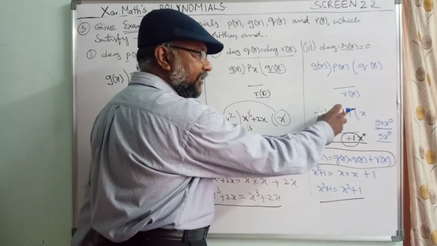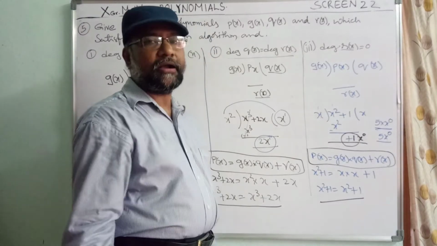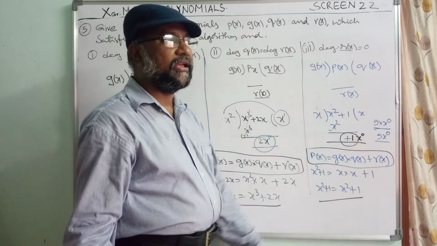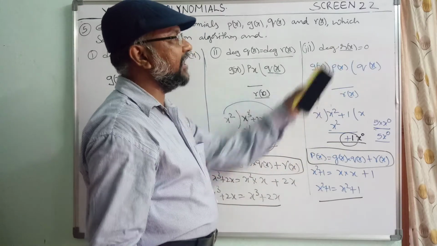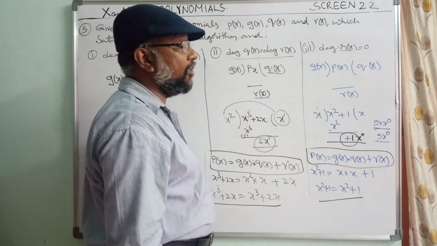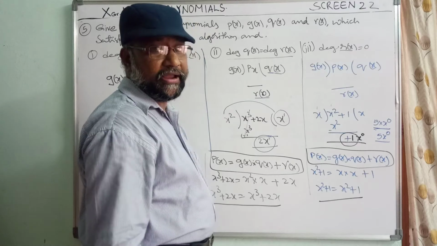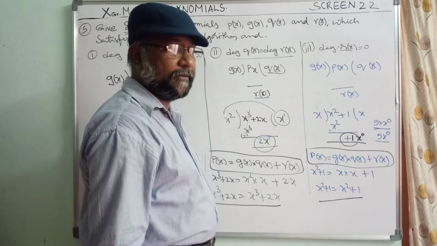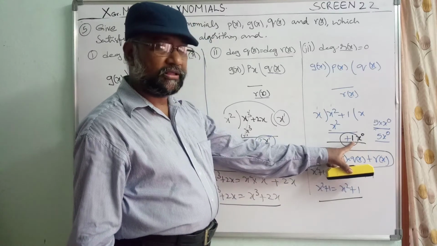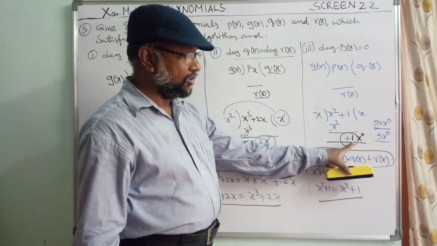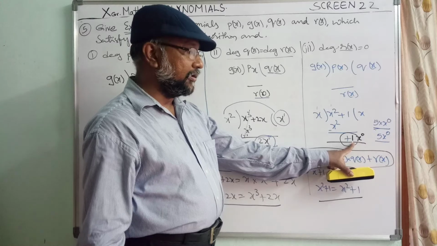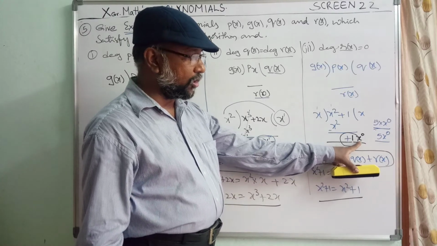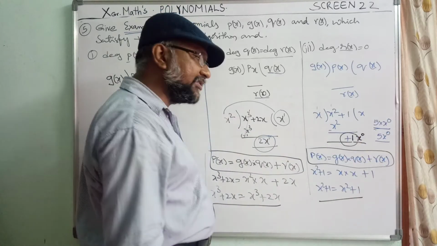Therefore, whatever the number, that means the constant has degree 0. Now, we satisfied this condition. The degree of r of x, the remainder, must be 0. Now I got it. Don't think about the number 1 that is there. We are not talking about the value, but we have to talk about the constant and its power.